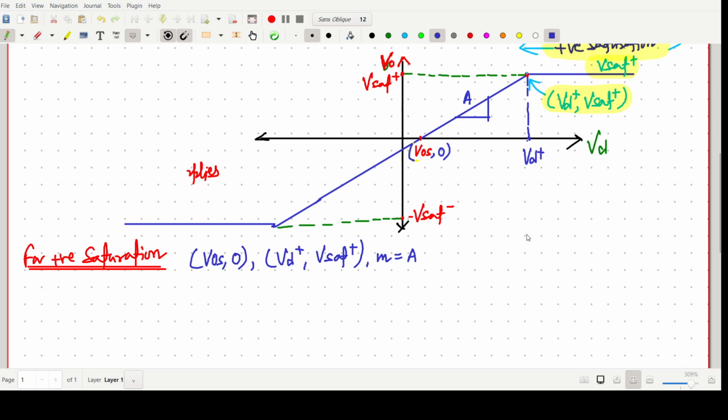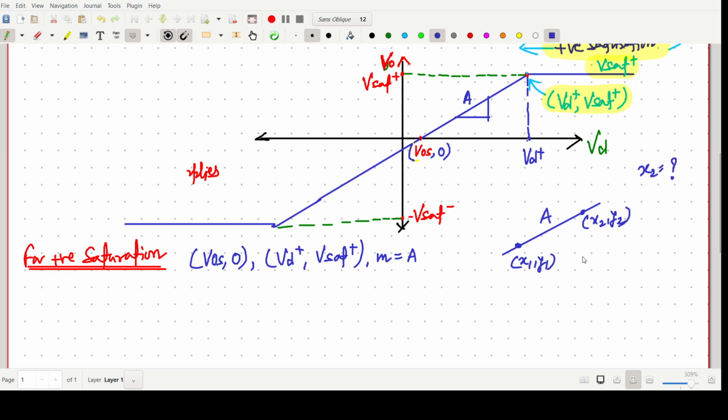Because in a straight line, if two points are given, say x1, y1 and x2, y2, and some slope is also given, and some data is missing, suppose x2 we have to find.